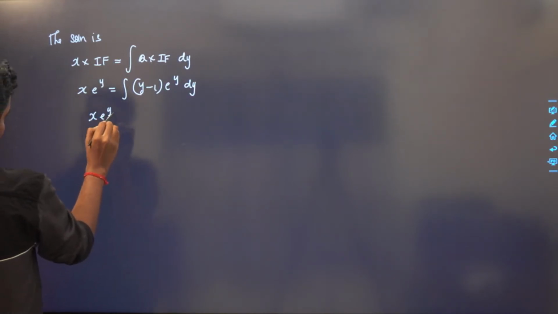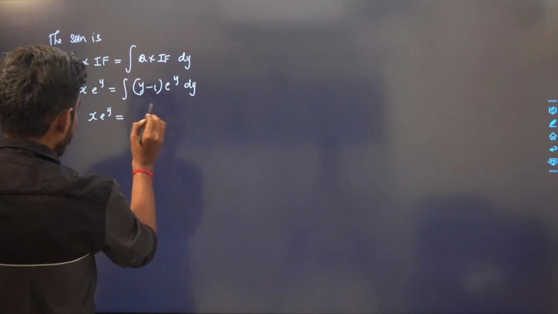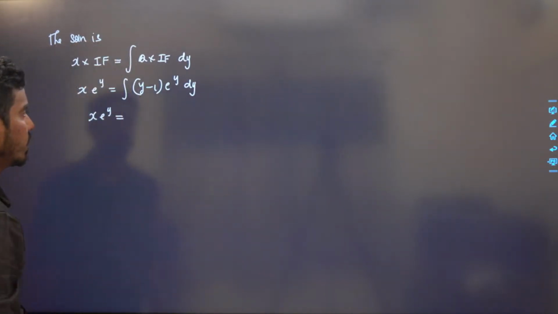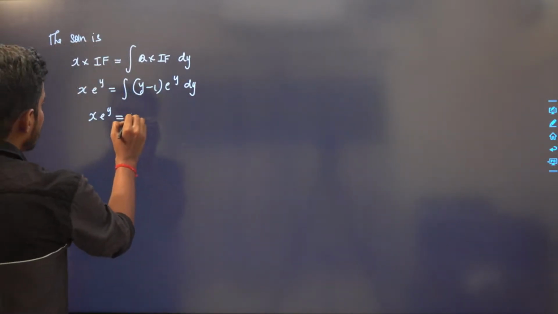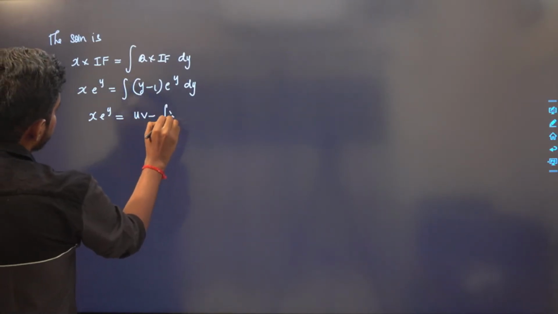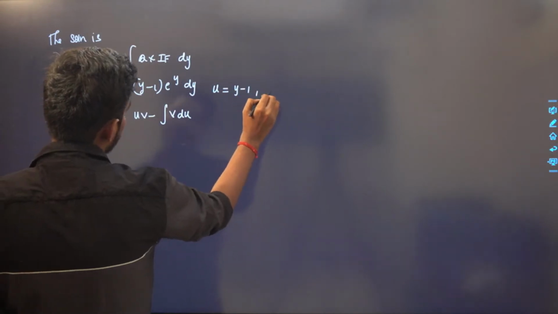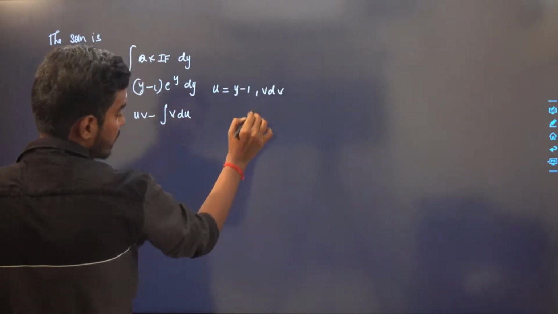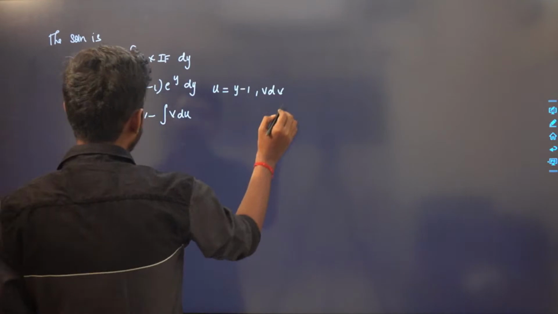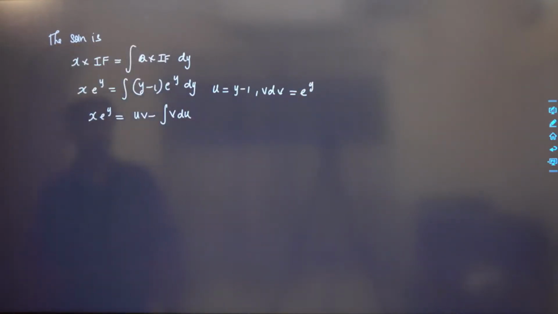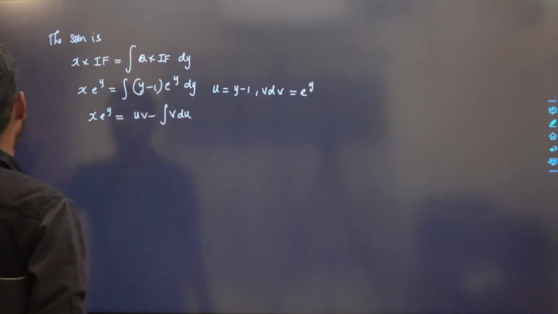So x e power y is equal to, so it is u dv, right? You have to use the formula uv minus integration of v du. So u is y minus 1, and dv is e power y dy.